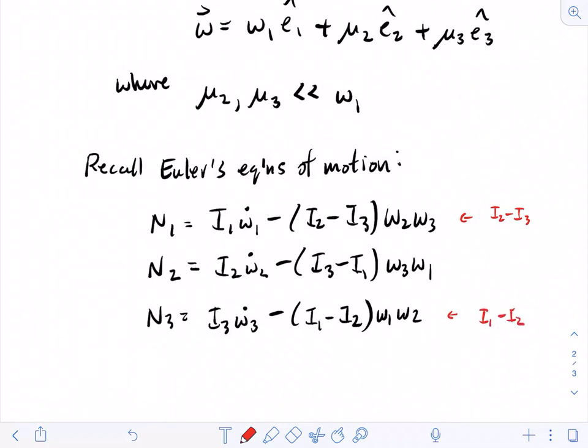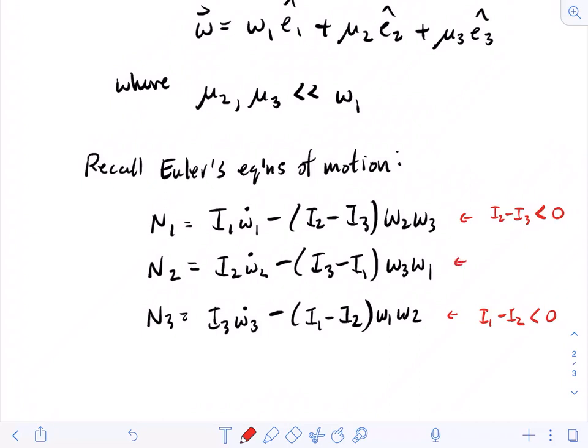We assumed that I3 was the biggest, I2 was in the middle, and I1 was the smallest. So I2 minus I3 is going to be a negative number, because we take I3 and subtract it from I2, and I3 is larger. Likewise, I2 is greater than I1, so I1 minus I2 is going to be negative.